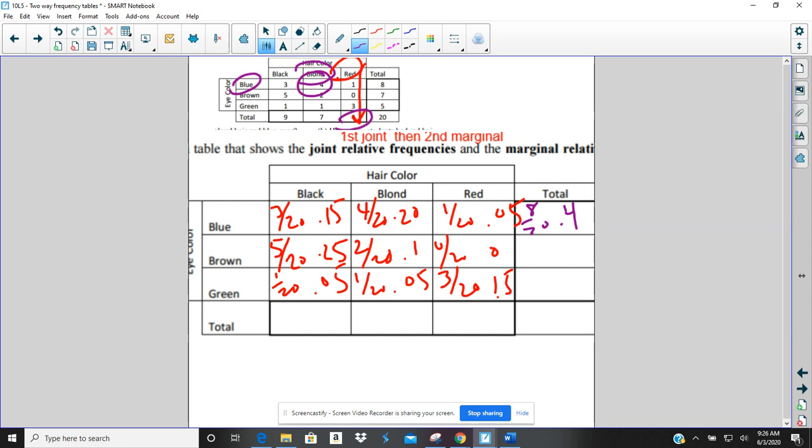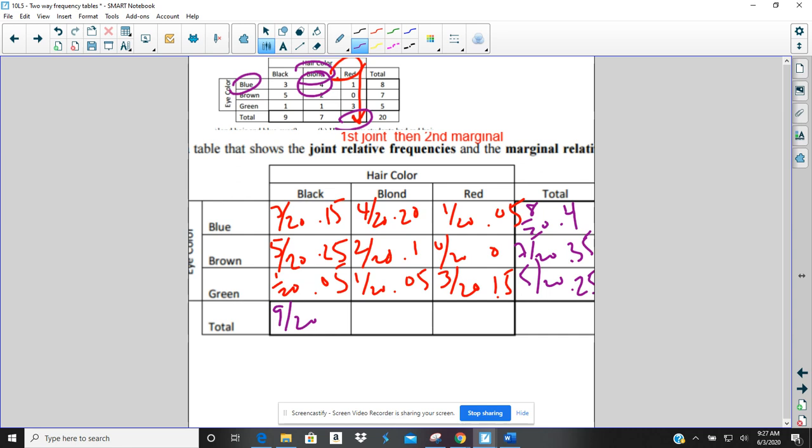I can either keep it as 8 over 20, but I like to make it a decimal sometimes. You don't always have to make it a decimal. You can leave it as a fraction, and that's fine too. It depends on what the question's asking. 7 divided by 20 is 0.35. And 5 divided by 20 we've already done, which is 0.25. Let's go down and do the bottom. 9 divided by 20.